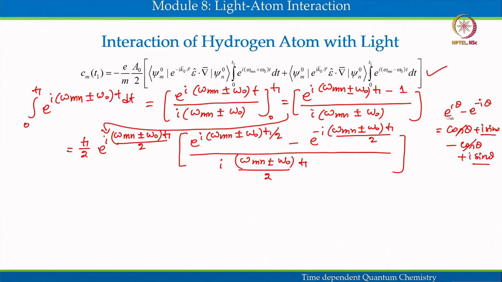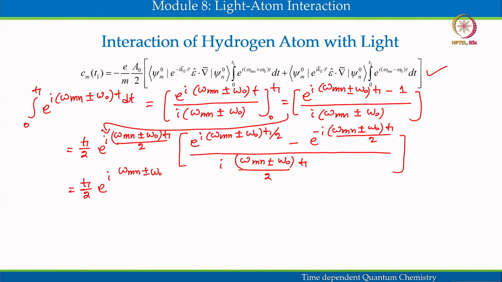Similarly, we can express this as t1 by 2 e to the power i (omega mn plus minus omega naught) t1 by 2, then this part is going to be 2i sin of (omega mn plus minus omega naught) t1 by 2.